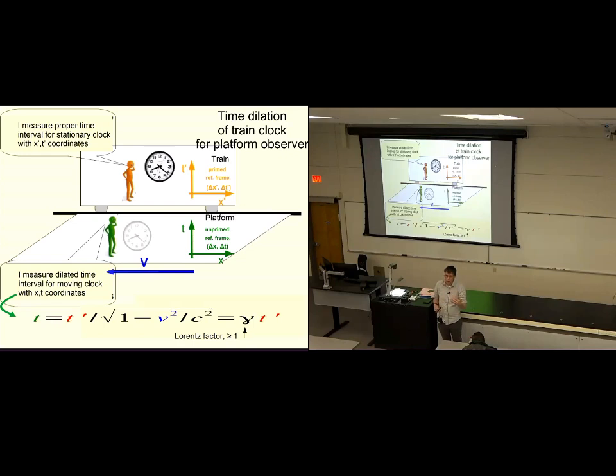How can both observers see the other clock, the moving clock, run slowly? That seems paradoxical. I'm on the station, I see your passenger clock run slowly. I'm in the train, I see your platform clock run slowly. Both see the other's clock run slowly. That doesn't make any sense, but that is actually reality.